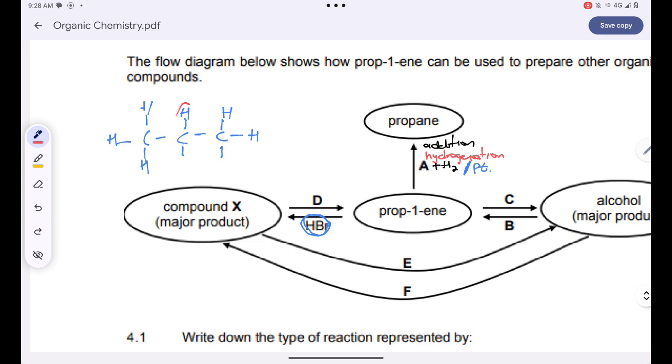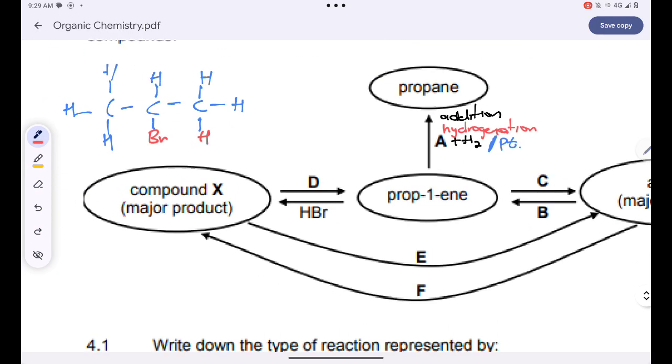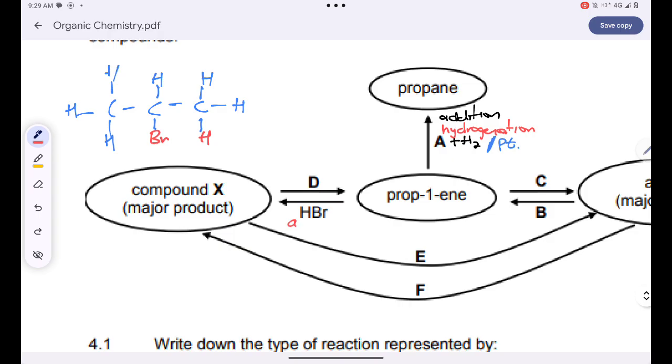If you compare this carbon and that one, the one at the terminal carbon has more hydrogens. So this will be H and that will be Br over there. That will be our major product. So this was an addition reaction.